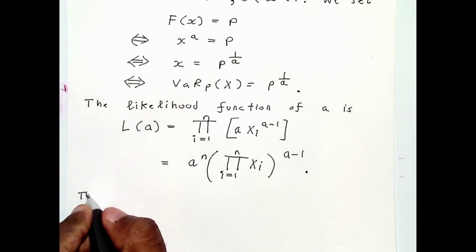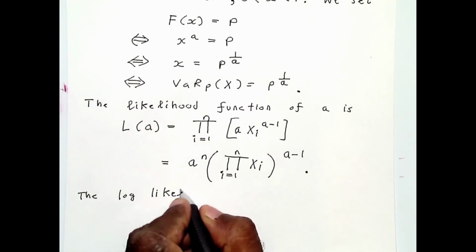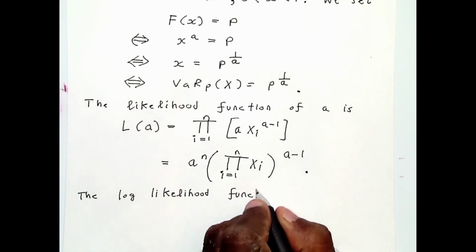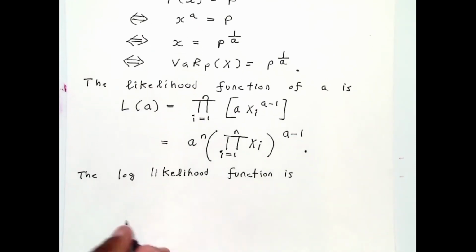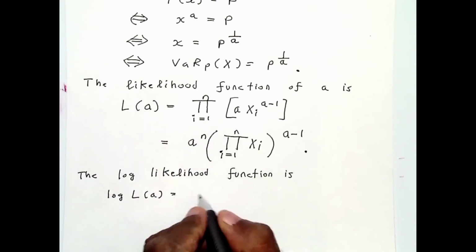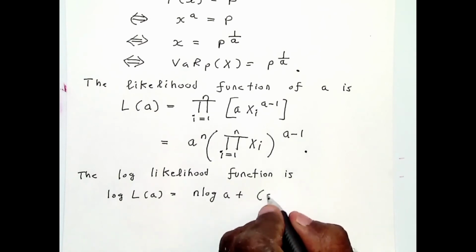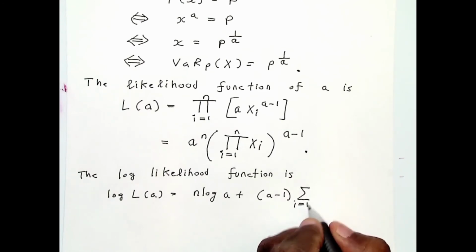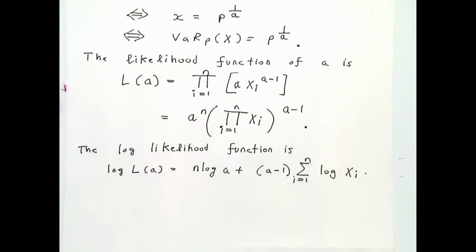Hence the log likelihood. So this is the likelihood function. The log likelihood function is, you take the log of it, so it becomes this.